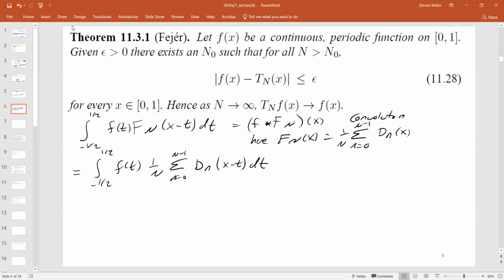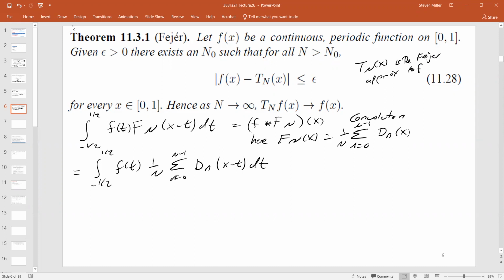How can this be true? No, Tn of x doesn't approach 0. Tn is the Fourier series approximation for f. So Tn of x is the Fourier approximation to f.